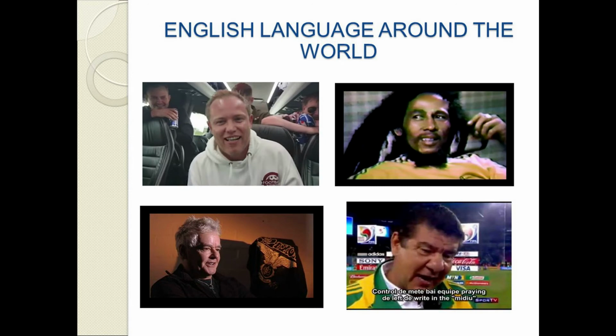Okay, so now we're gonna talk about English around the world, right? We have here four pictures, right? At the top left there's this video, "The guy nails every accent." It is about one guy who does different accents of the English language, like it was different people speaking English, right? Then on the top right is a picture of Bob Marley.